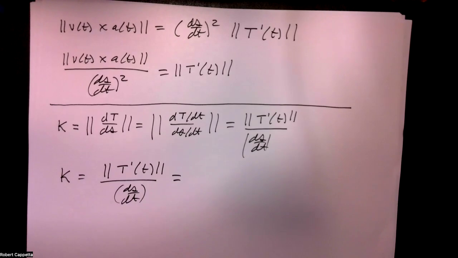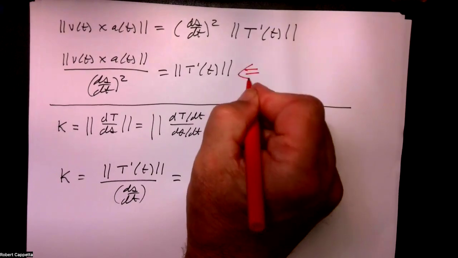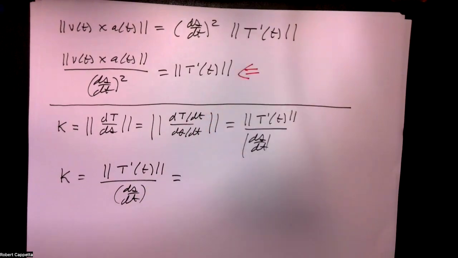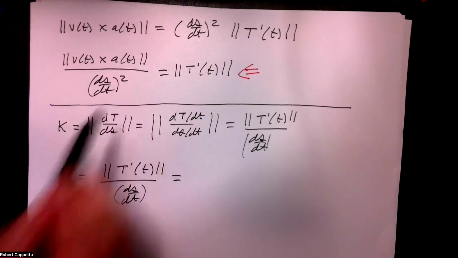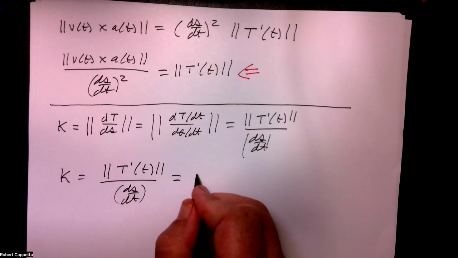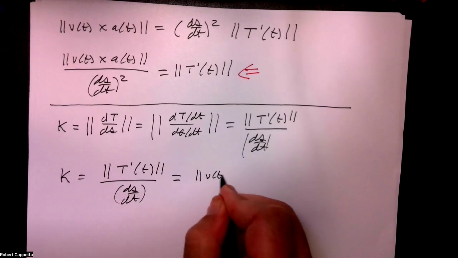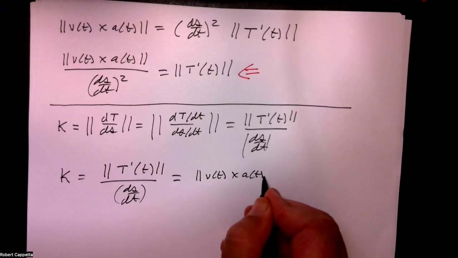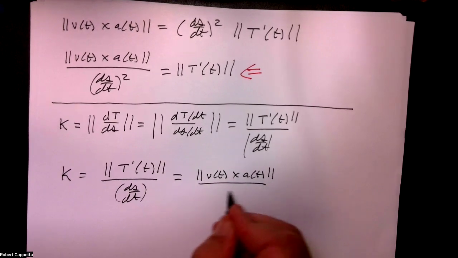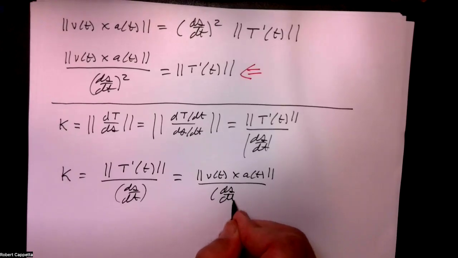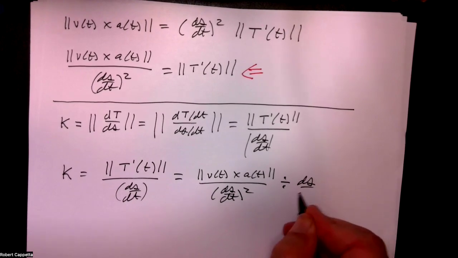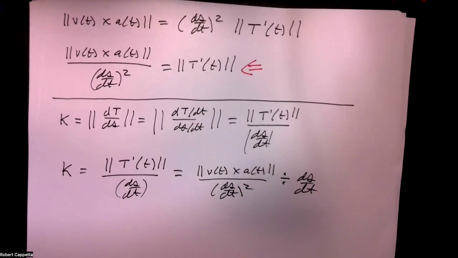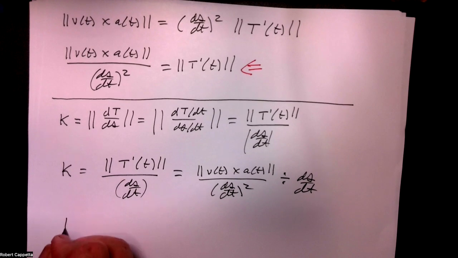And then how do we make our substitution? T prime of t is right here. We see this formula. T prime of t is the magnitude of velocity cross acceleration divided by speed squared. So we get the magnitude of v of t cross a of t divided by speed squared, all divided by ds/dt. Well, so times 1 over ds/dt.